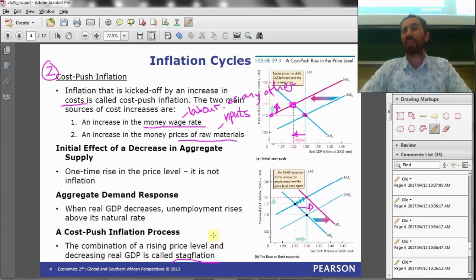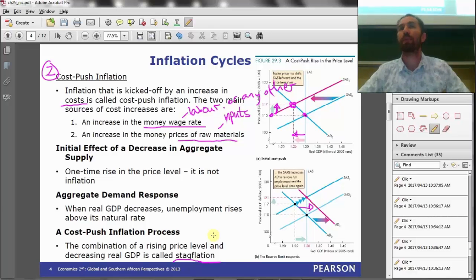Stagflation is particularly problematic for people that are poor and unemployed. If you're poor and unemployed, what you end up with is fewer job opportunities, so less chance of actually getting employed. But at the same time, you have rising price levels. So whatever savings you might have are now buying less.